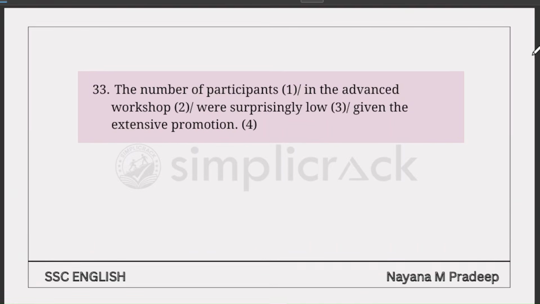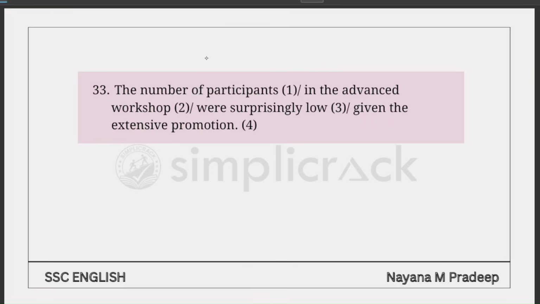Next question. The number of participants in the advanced workshop were surprisingly low given the extensive promotion. Do you know what the error is in the sentence? Here you have the number of.